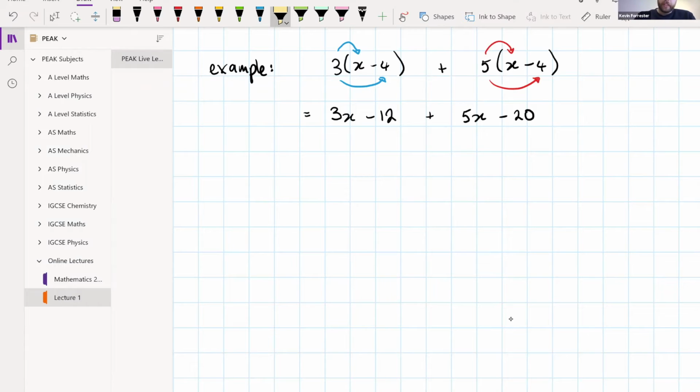If we take a look, we have one x term, two x terms, and we can combine those: 3x plus 5x is 8x. We can do the exact same thing with the numerical terms. If we have minus 12, minus 20, we combine those, that'll form, you guessed it, minus 32. And then there's our answer.